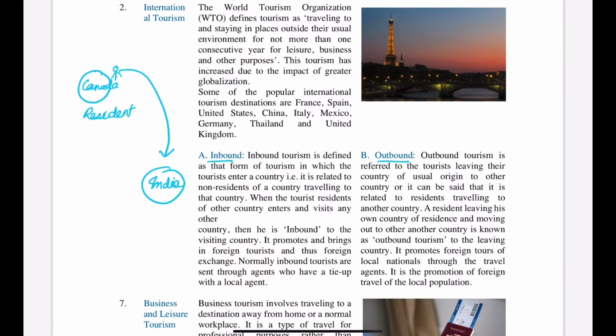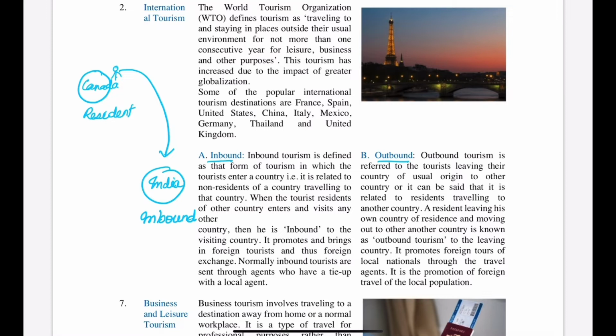So when a person leaves his own country and moves to another country, he is called inbound tourism to the country where he is traveling.